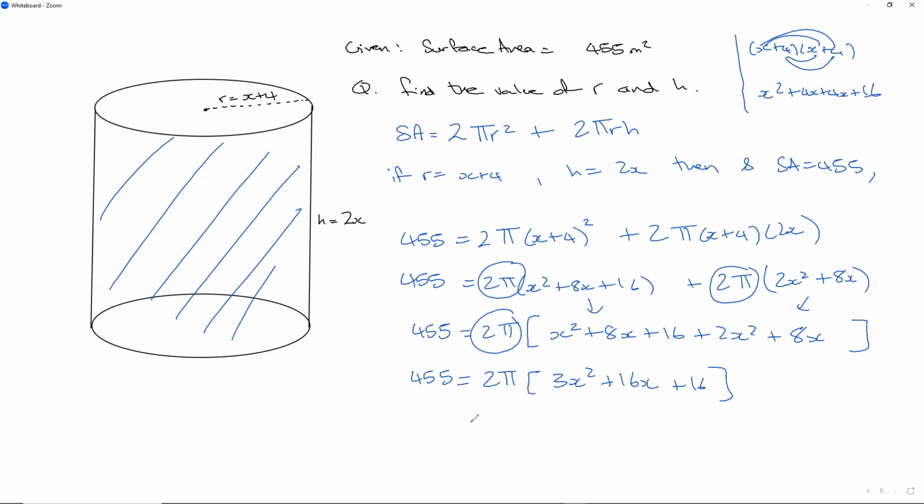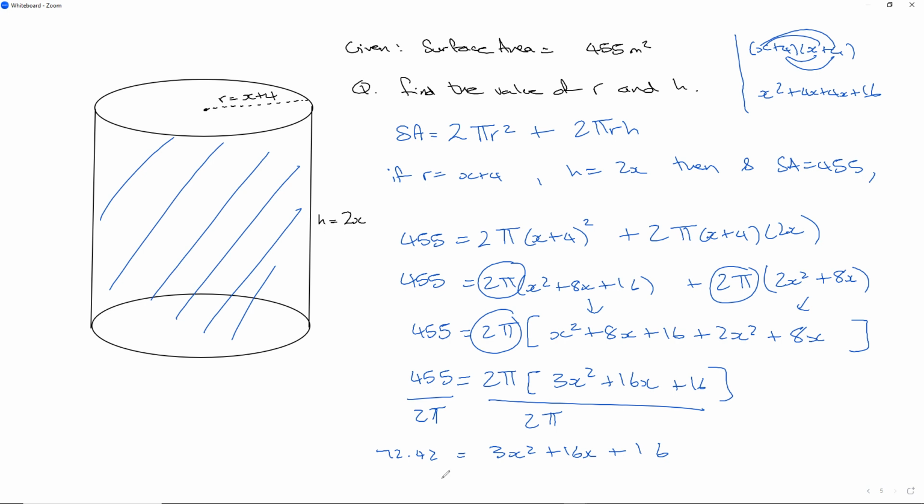And there's the quadratic coming out. I'm now going to multiply 2 pi in over here, or I could divide it on the other side and then subtract it, and that will be easier. So if I divide this side by 2 pi and I divide this side by 2 pi, I'll get 455 divided by 2 pi. On a calculator, 455 divided by 2 pi comes to 72.42. 72.42 equals 3x squared plus 16x plus 16.